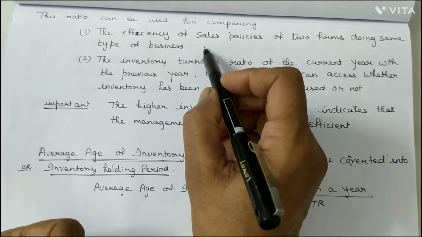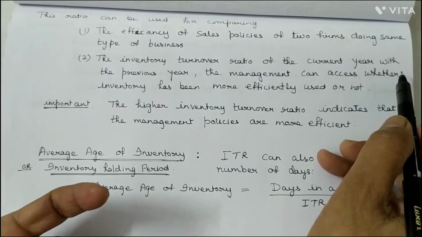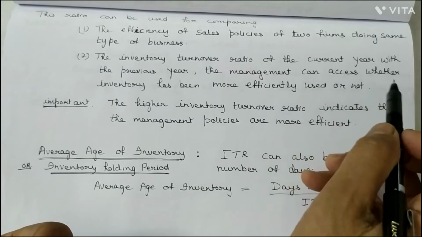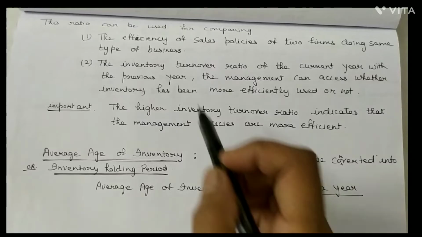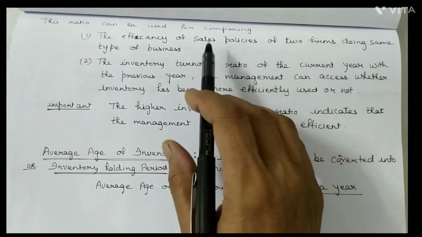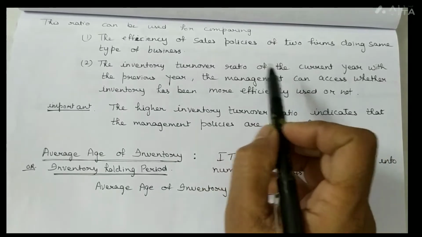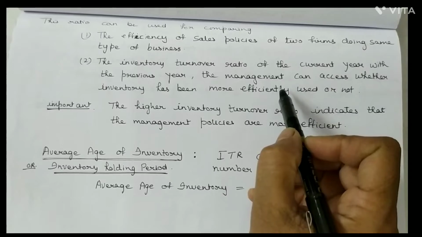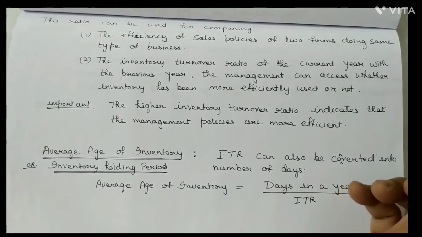And the inventory turnover ratio of the current year may be compared with that of the previous year so that the management can assess whether inventory has been more efficiently used or not.